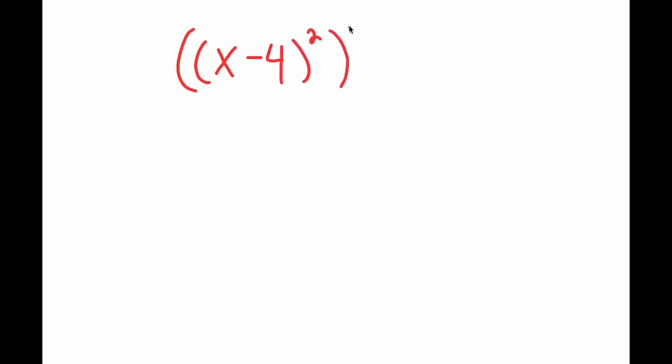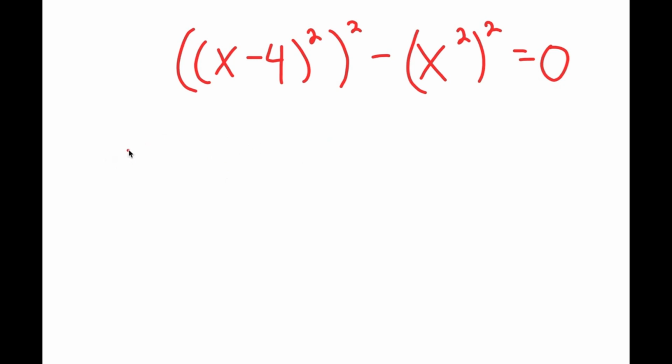Now from here, this is going to turn into ((x minus 4) squared) squared minus (x squared) squared is equal to 0, because I just subtracted (x squared) squared on both sides.